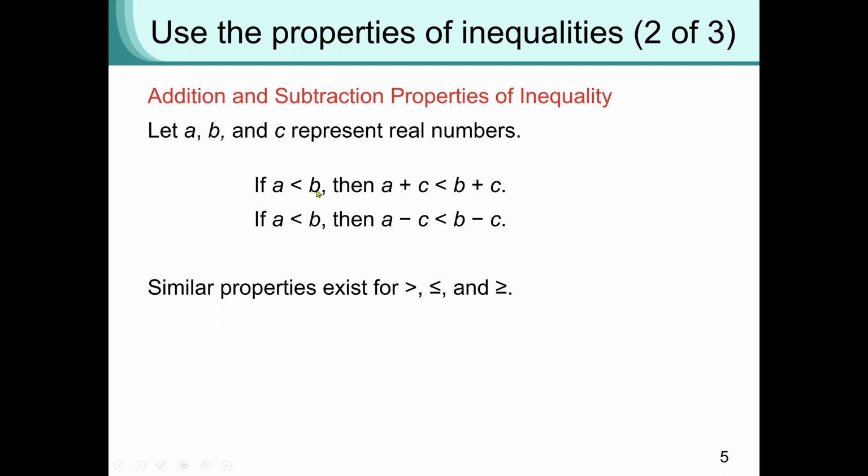So if A is less than B and I add the same value to A and B, still A will be less than B. Now, if A is less than B, then also A minus C should be less than B minus C. A similar property again exists for greater than, less than or equal, greater than or equal.